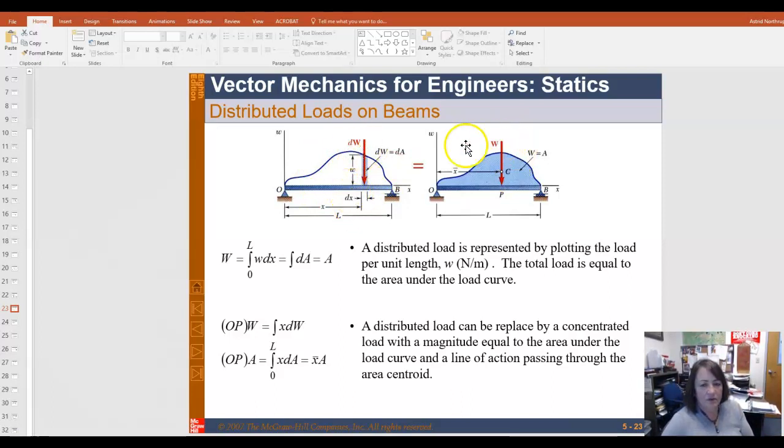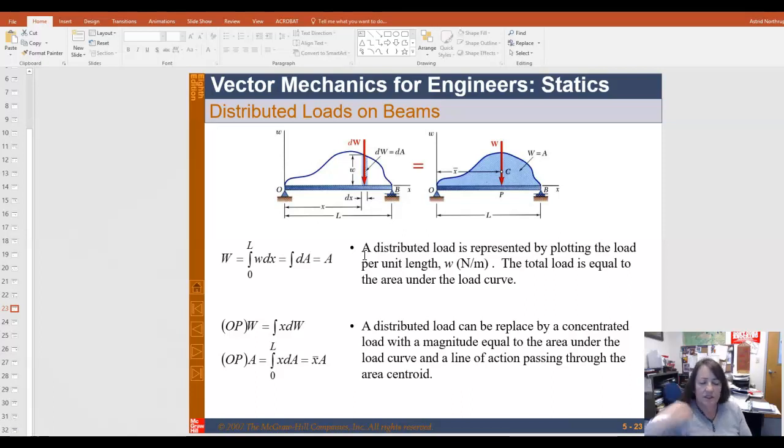So you want to be able to consider what is the total weight and where does it act. So basically what we say is that if you know the formula for this curve, you can weigh by the formula for the distributed load times dx, and you'll get this distributed load.